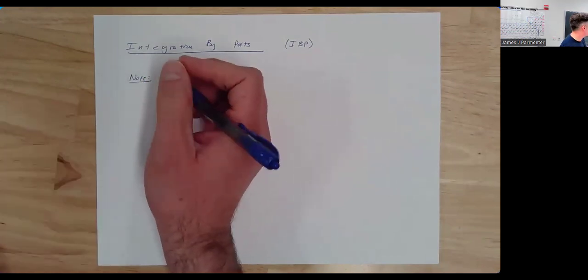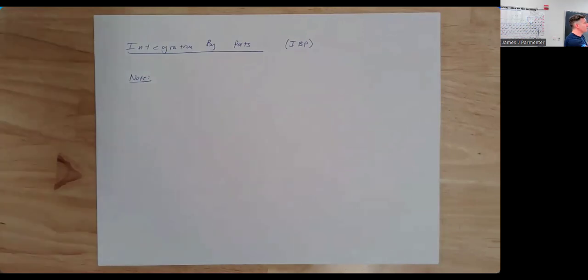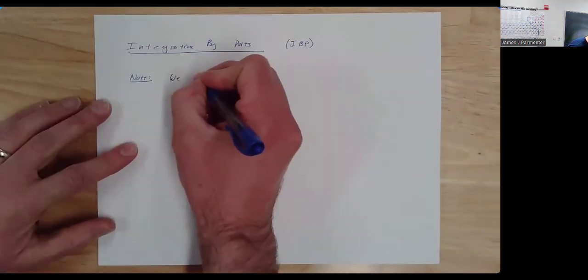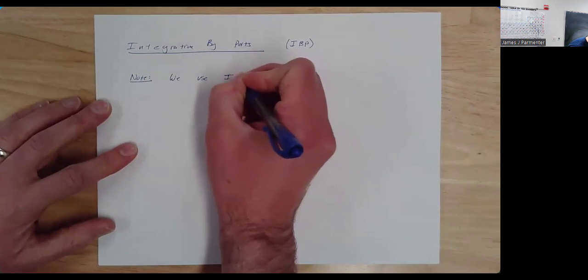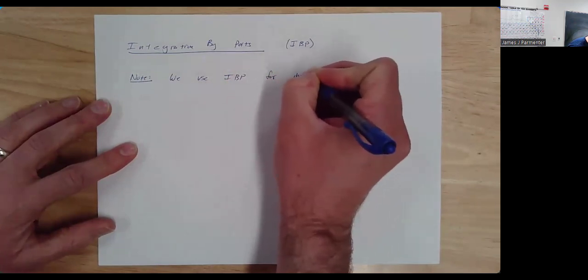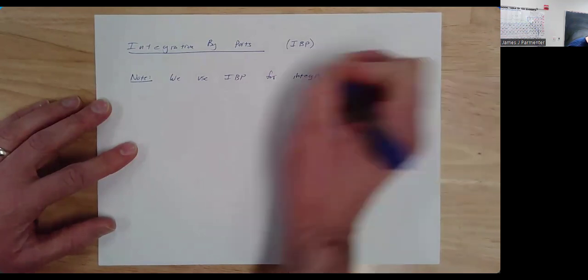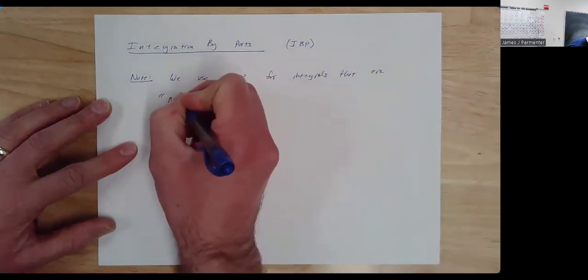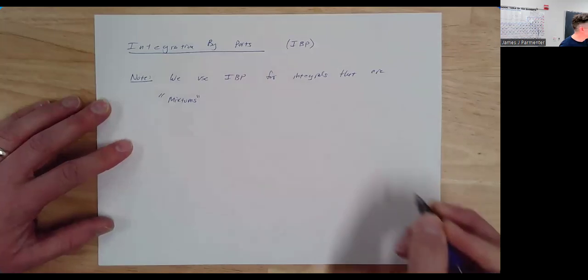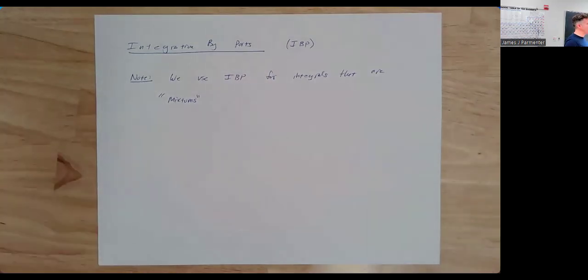A note here is that this actually isn't always 100% true, but it's pretty much 100% true. Whenever you're considering using integration by parts, you're usually considering it for what we typically refer to as a mixture type of integral. So we're going to say that we use integration by parts for integrals that are quote unquote mixtures. When I say mixtures, I mean a mix of 2 types of functions.